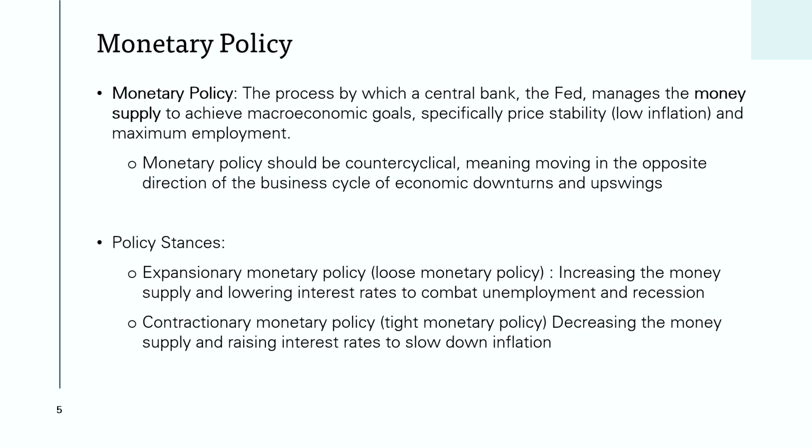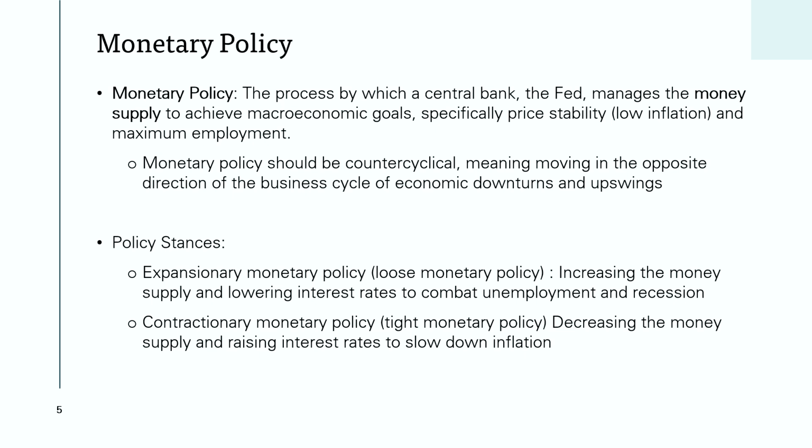When the Fed increases the money supply and lowers interest rates, it is engaging in expansionary monetary policy, also known as loose monetary policy. This approach is used to combat unemployment and stimulate spending during a recession.